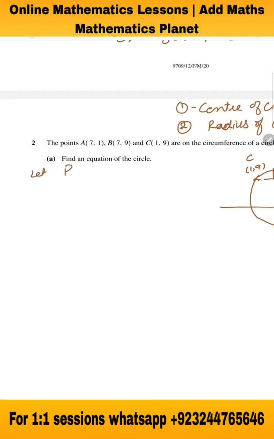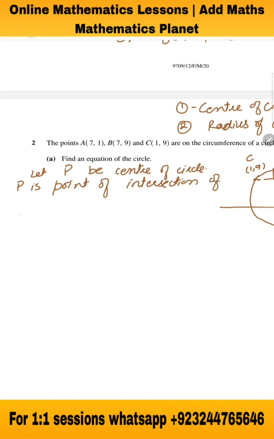Let P be the center of the circle, so P is the point of intersection of the perpendicular bisector of BC and AB.